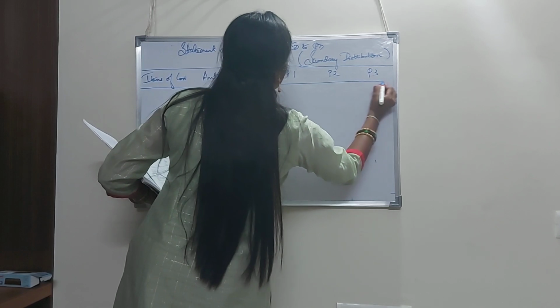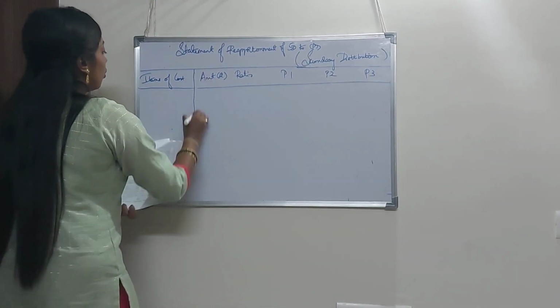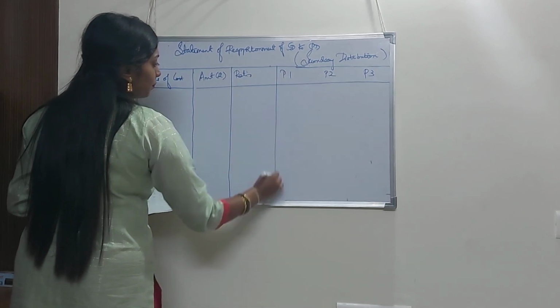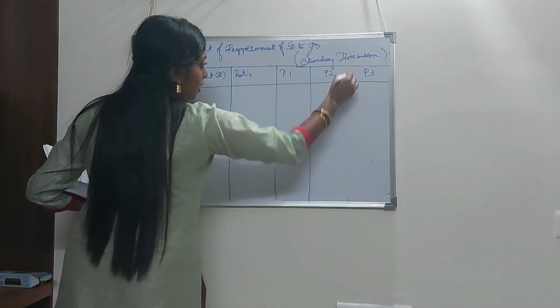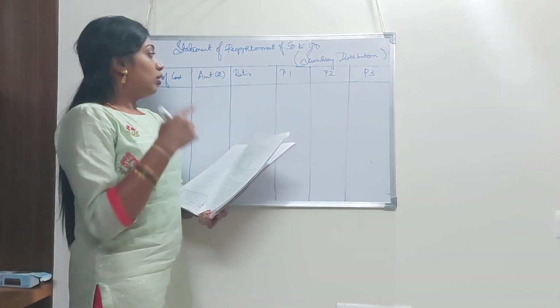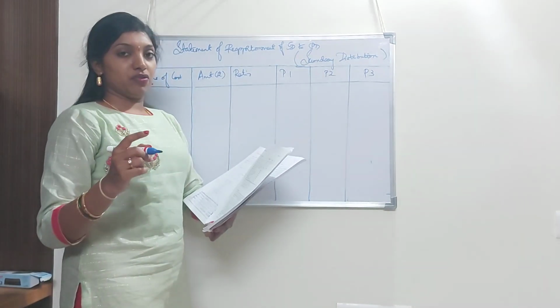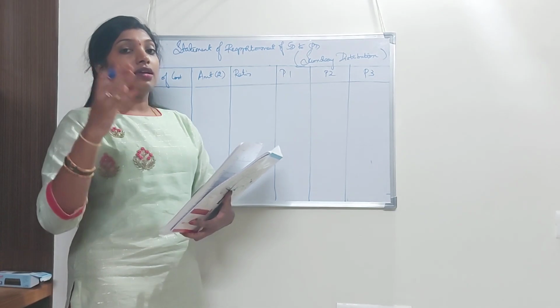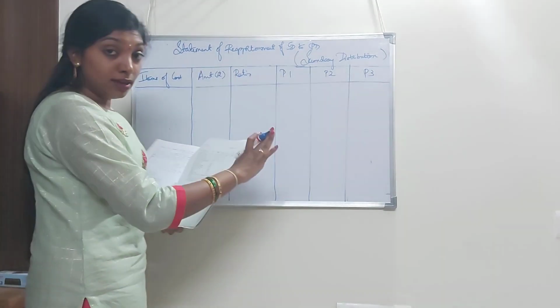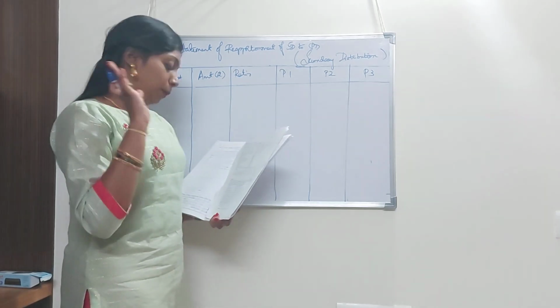So these are the columns that we are going to have for secondary distribution summary. We don't have to rely on the service department columns for secondary distribution under simultaneous equation method.